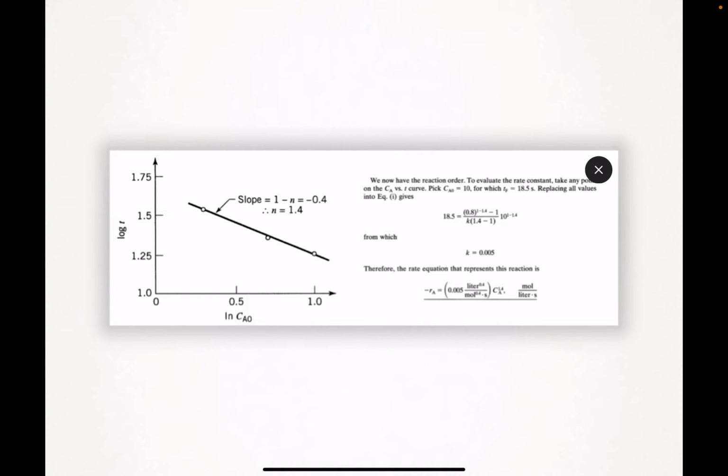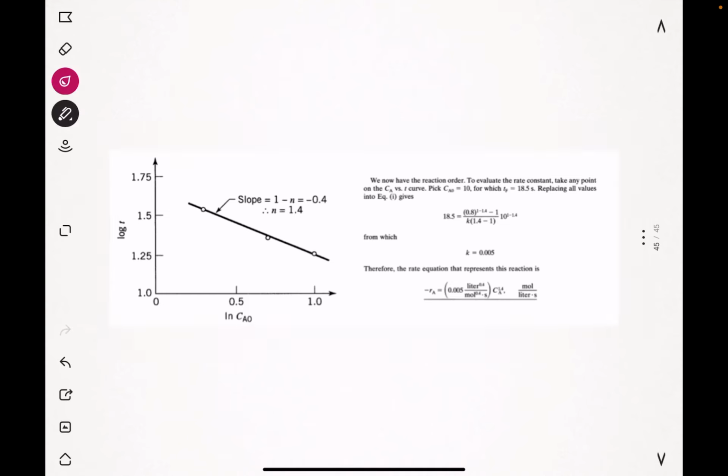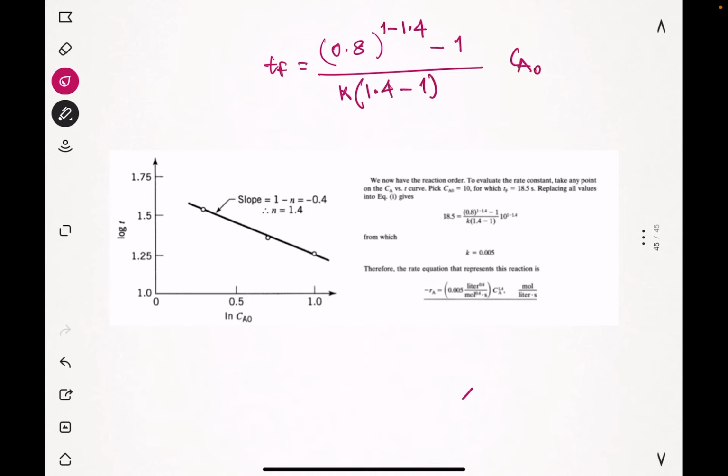Now, again, we have this equation where Tf is 0.8 to the power 1 minus n, which is 1.4 minus 1, times k, and n is 1.4, and this is 1 minus 1.4. So let's take one of the Ca0 and Tf values.